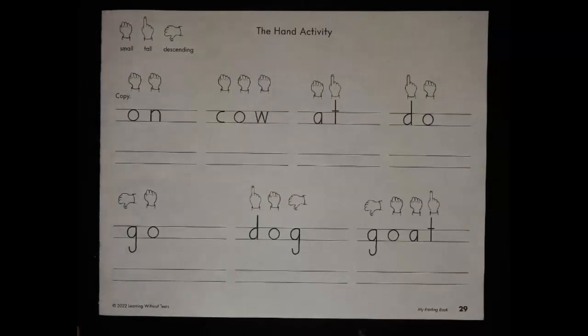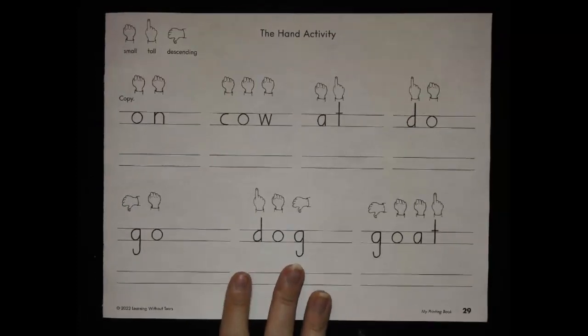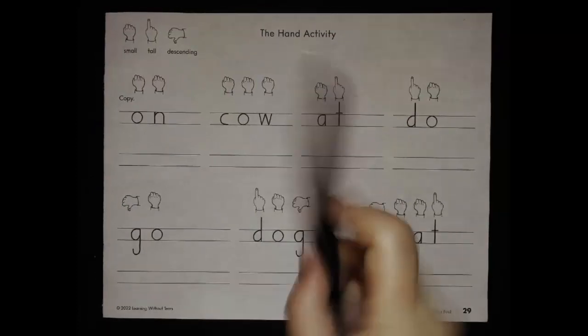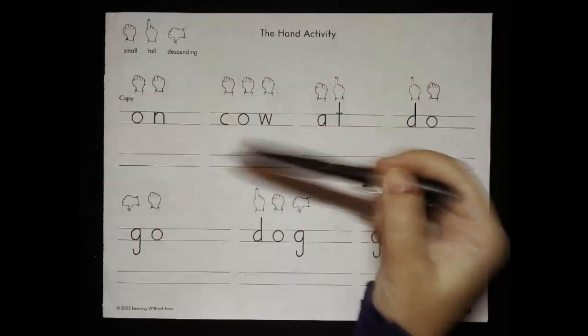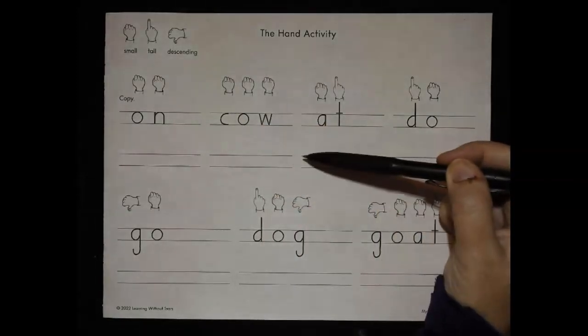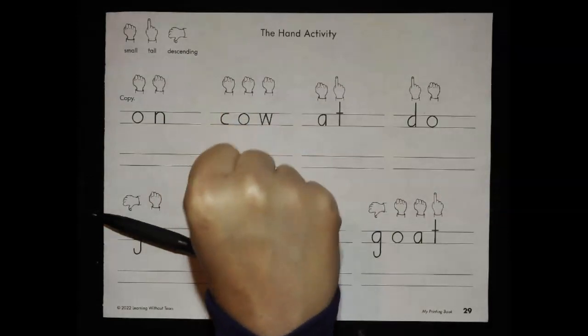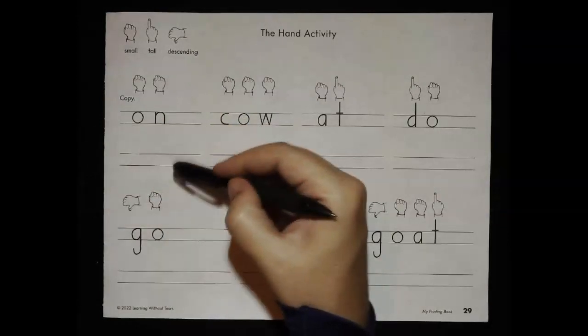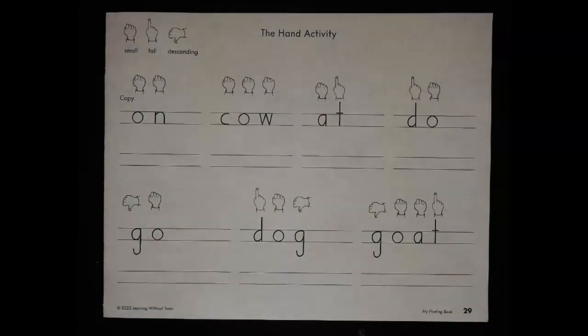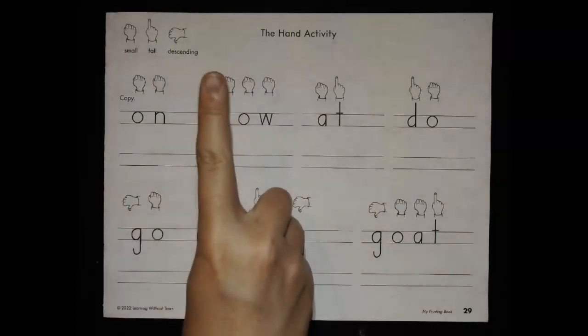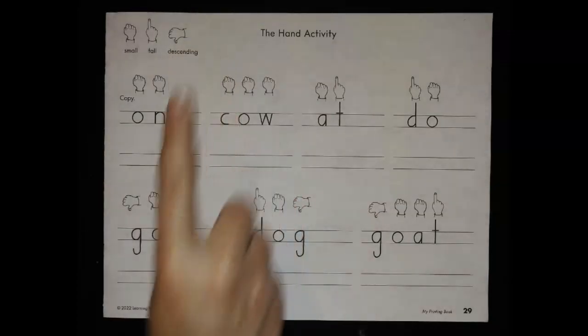All right, we have three different kinds of letters. Some of them, we call them small letters. They stay inside these two lines, these lowercase lines. So make a fist like this. We're going to make our fist like this when it's a small letter. It stays all the way in those middle lines. We're going to point up like this when it's a tall letter.